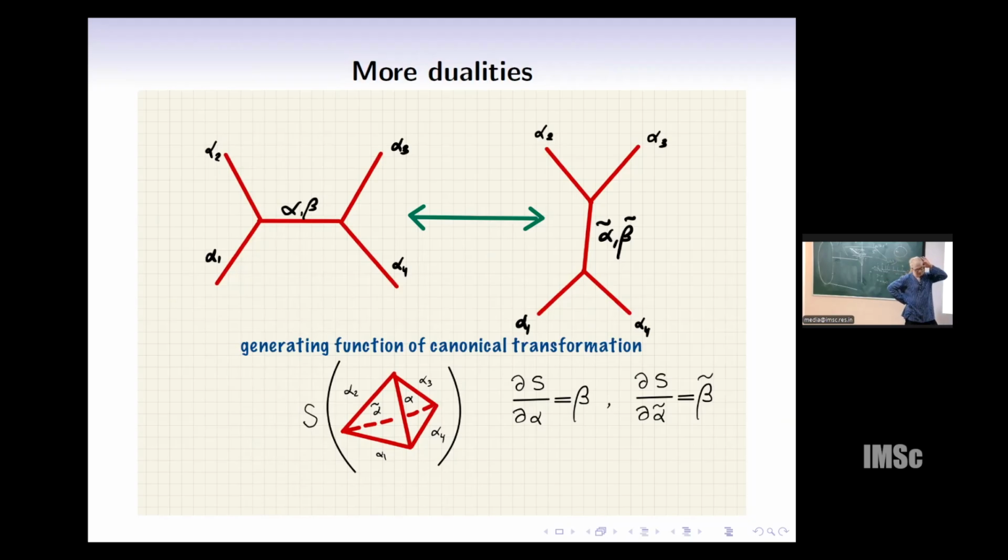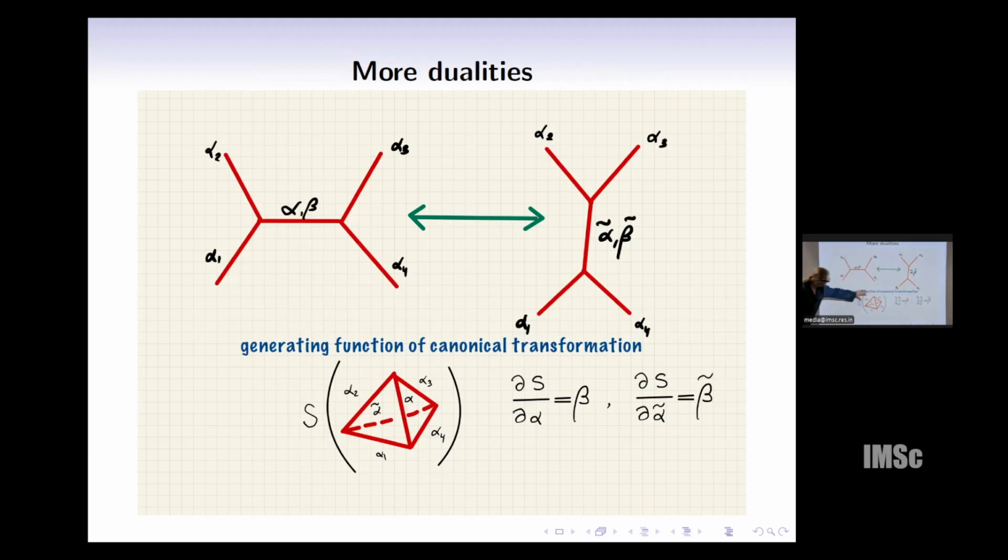I didn't talk about this in detail yesterday, but I mentioned the generating functions of Lagrangian submanifolds, and there are generating functions of symplectomorphisms. If you have two systems of Darboux coordinates and a map between them, this map can be described using a generating function of the original coordinate and the future coordinate, and then you compute the original momentum and the future momentum as derivatives of this generating function.